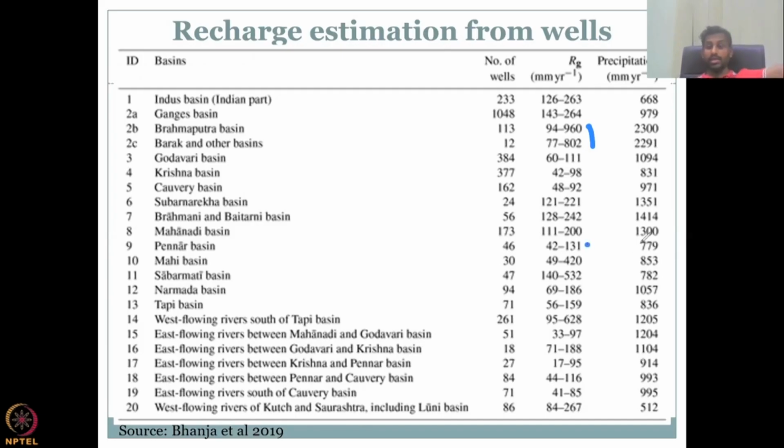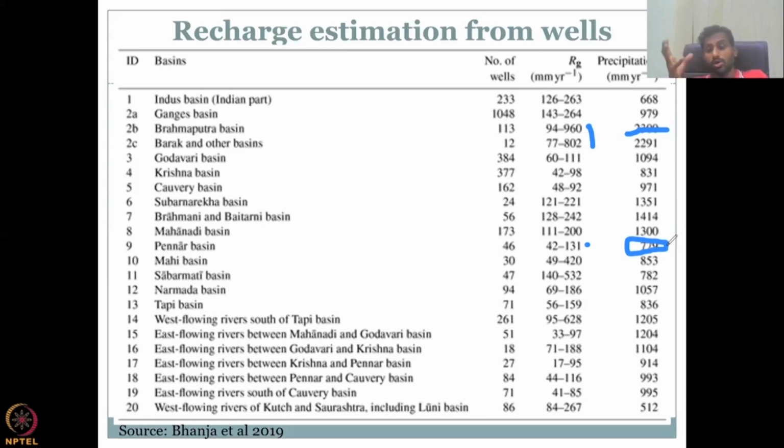And this is where I say it is also based on the rainfall, which is 2,300 in the Brahmaputra compared to 779, almost an arid, semi-arid condition in the south of India, Pennar. And you also have the aquifer type, the geology, which is allowing the recharge or not.